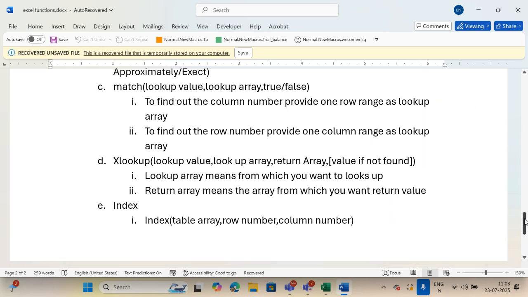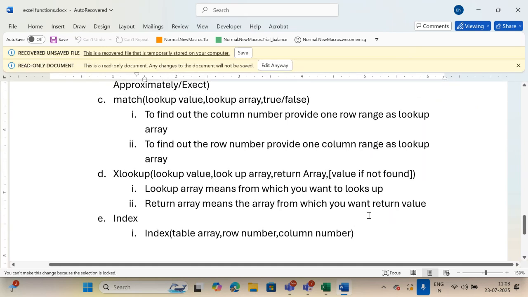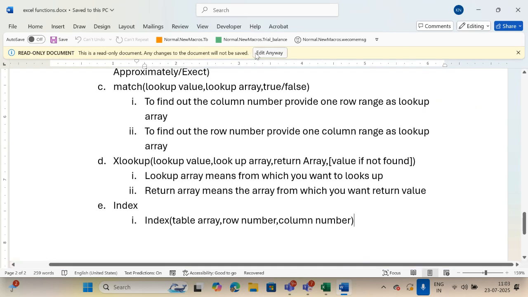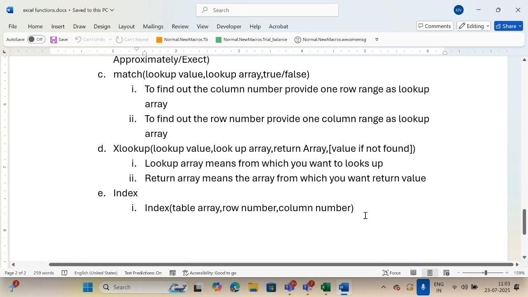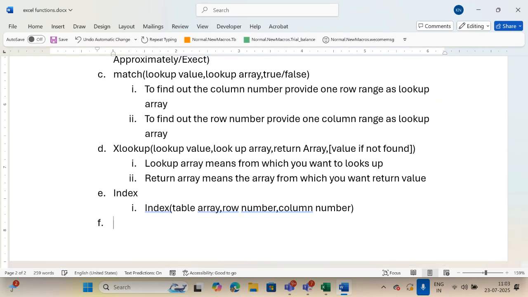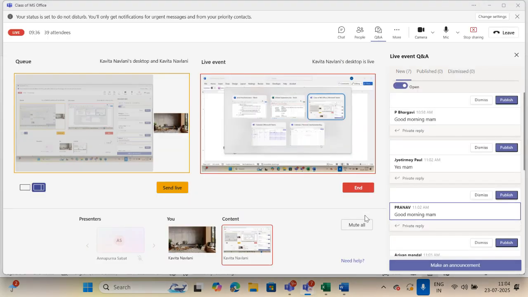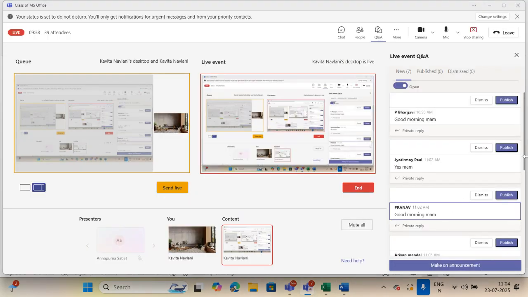Otherwise, I'll move ahead, because today the very important functions we are going to cover are the financial category, which is very important in our field. As the name suggests, financial category functions will work with amounts.